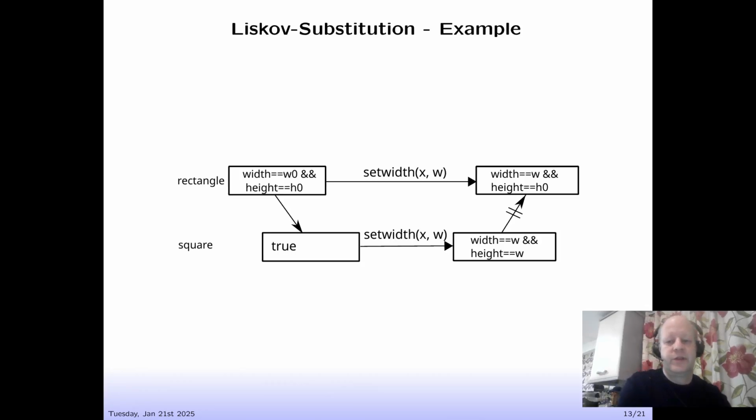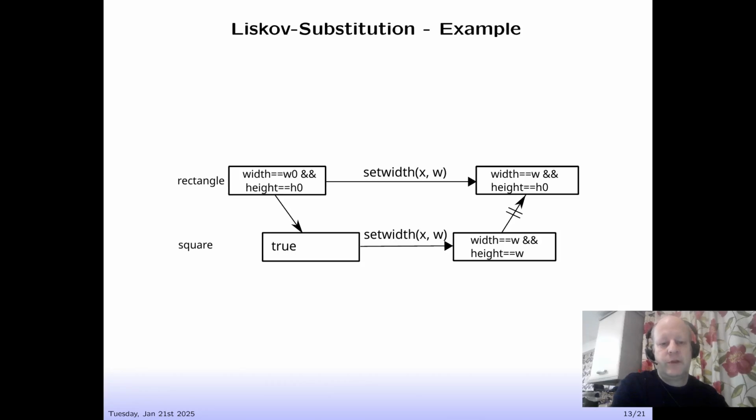So you have this very strange behavior that if we have a method which does some computation and uses set width on a rectangle, and later a square is substituted by the calling method, then these conditions will not be true anymore.